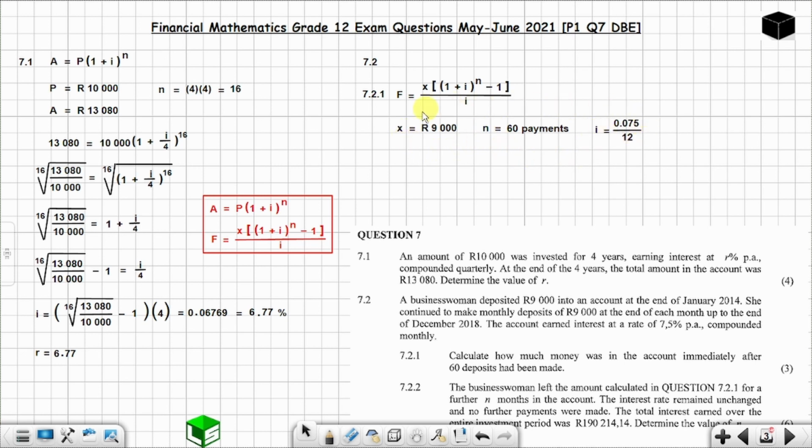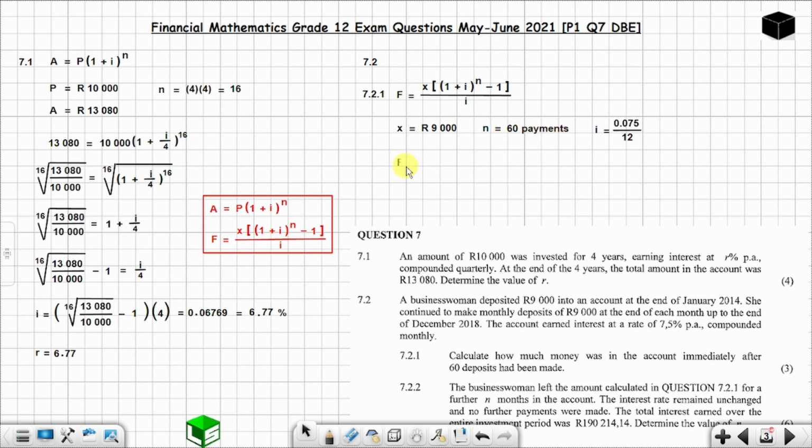Okay, so you can take this, you plug in there, and you have F, which is the money that was in the account immediately after 60 deposits. Okay, 60 deposits. We don't know if the 60th deposit was in December 2018. We don't know, but you have the number of payments, 60 deposits. Okay, so N is equal to 60 payments.